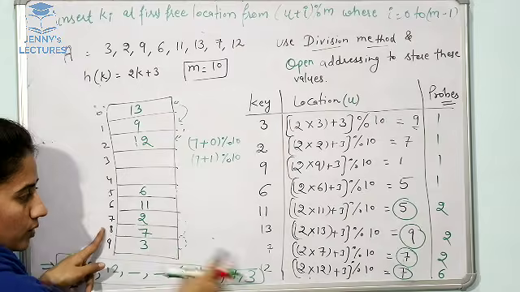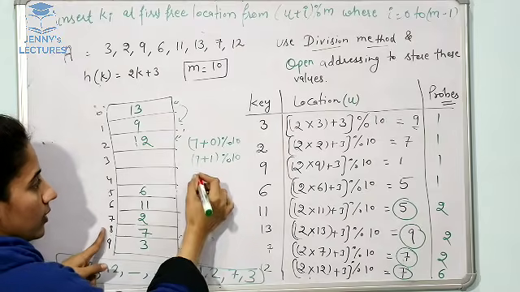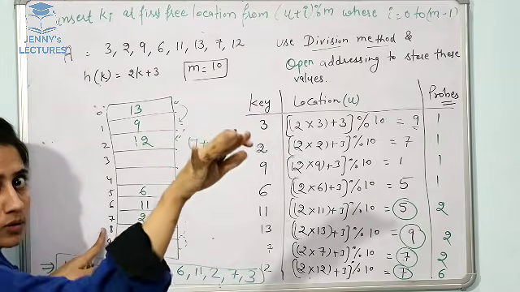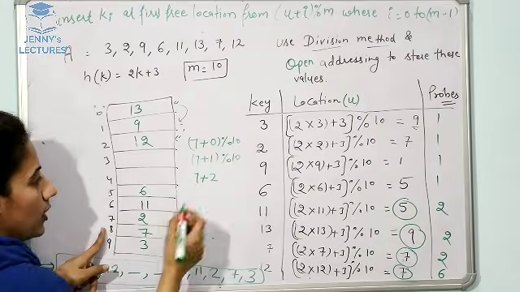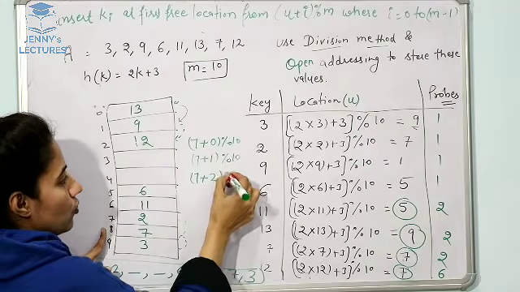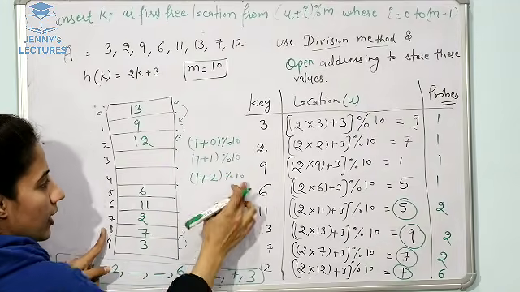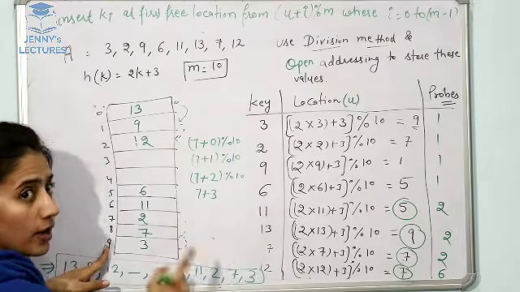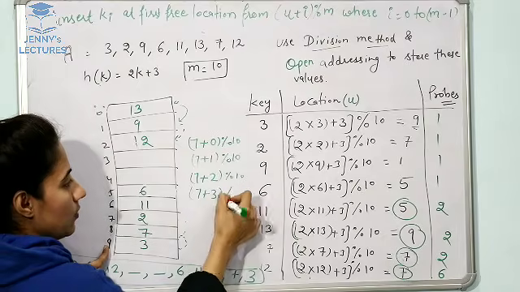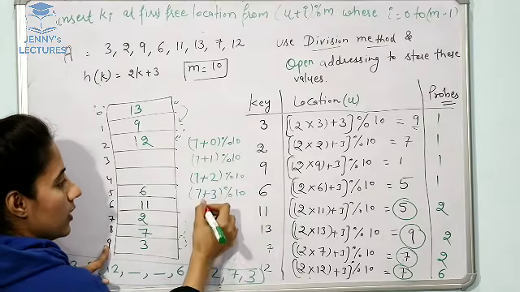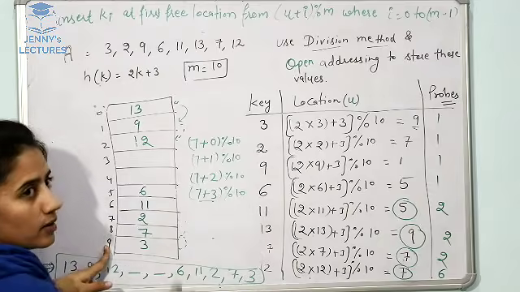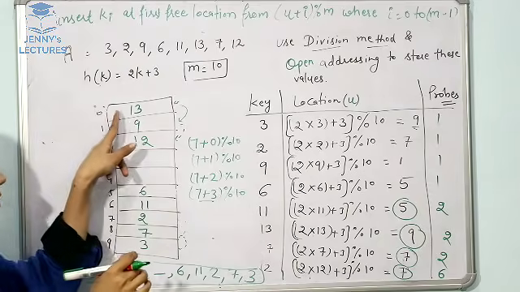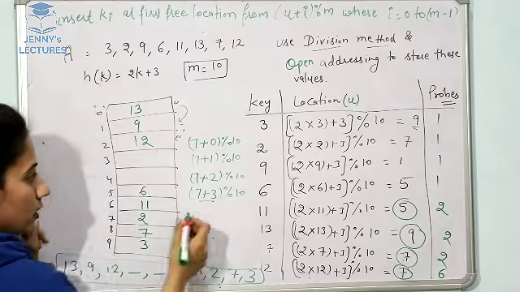This one is also not free because 7 is already there. Now 7 plus, increase the value of i, 0 to m minus 1, that is 0 to 9. 7 plus 2 mod 10, that is 9, 9 mod 10 is 9, this is also not free. Now the value of i is 3, 7 plus 3 mod 10, that is 10 mod 10, which is 0, remainder would be 0, go to the 0th place, but this one is also not free because 13 is also there.